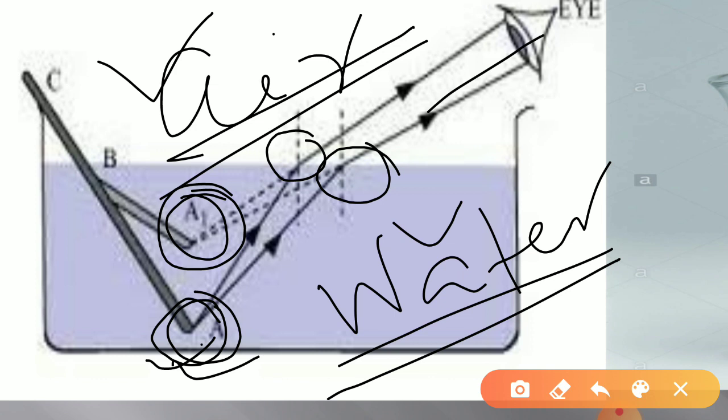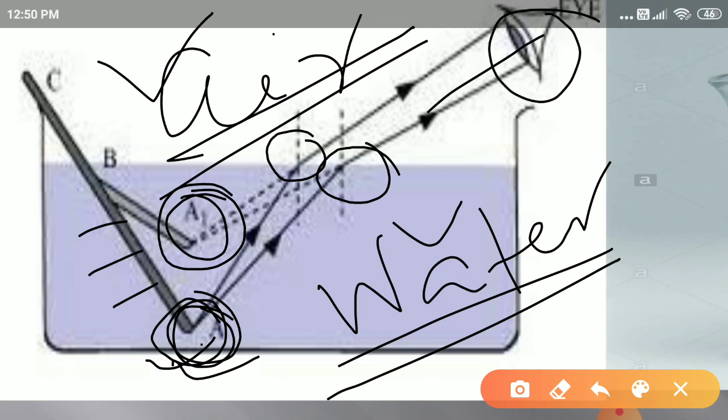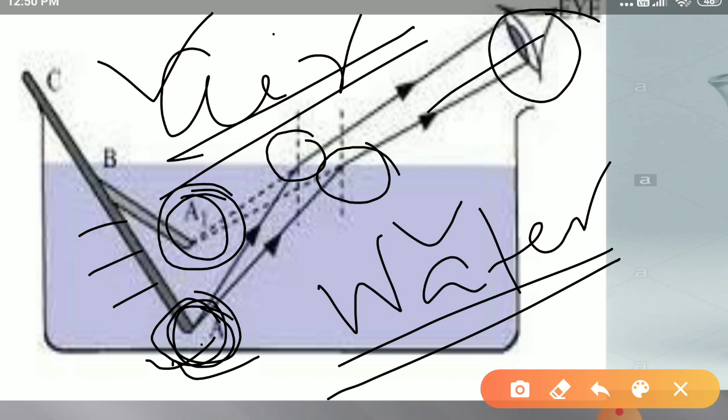What is true for the tip of the pencil, the same is true for other points of the pencil under water. So to us, the part of the pencil underwater appears to rise above its actual position, and this is actually seen by the observer. That is why the pencil appears bent.